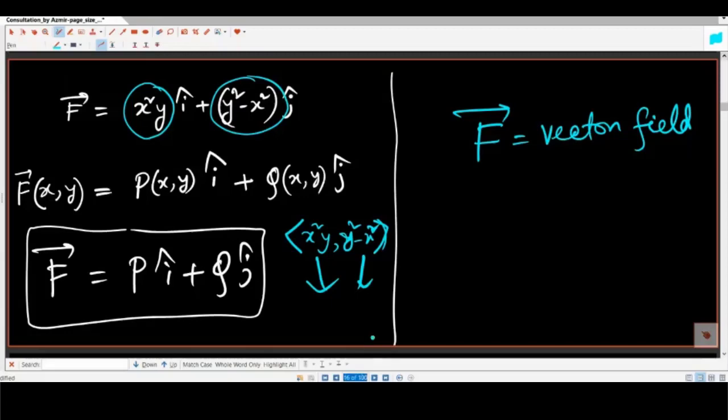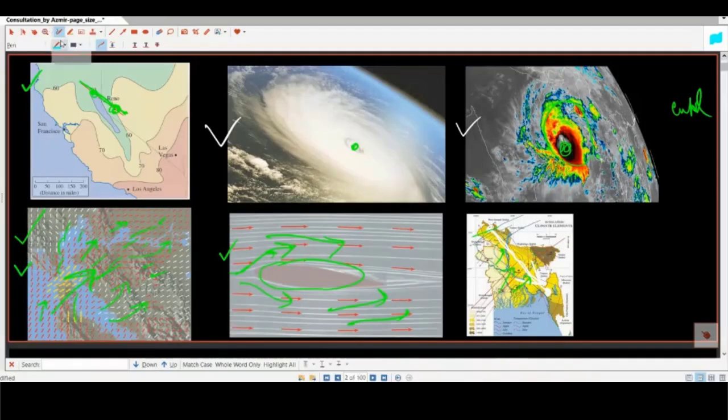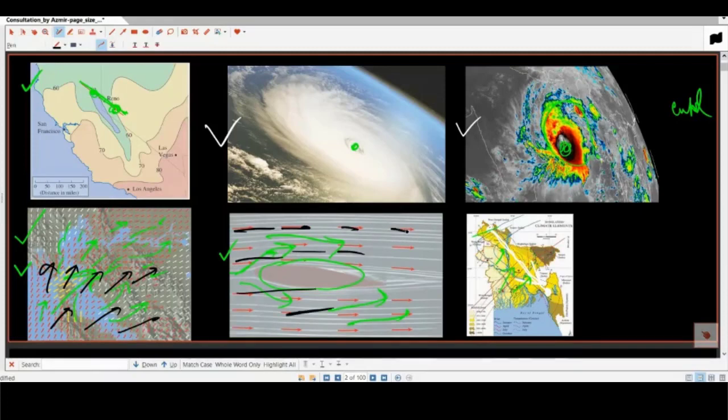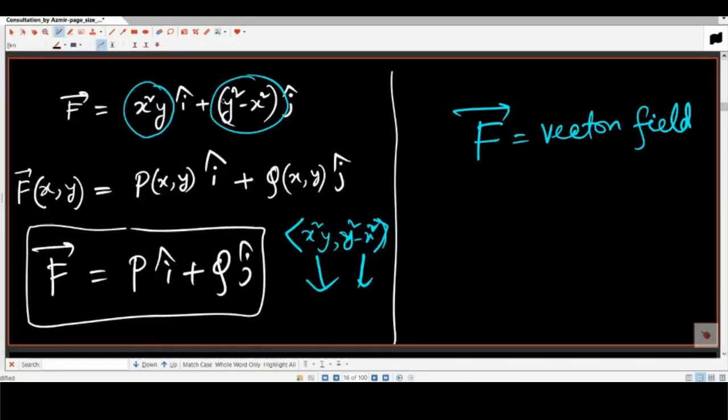We have seen some figures earlier where there are vectors in different directions. These are the vectors. Here we can see this is a vector, this is another vector, this is another vector. So the collection of all vectors is a vector field. From this function we can generate many vectors if we input the values of x and y.